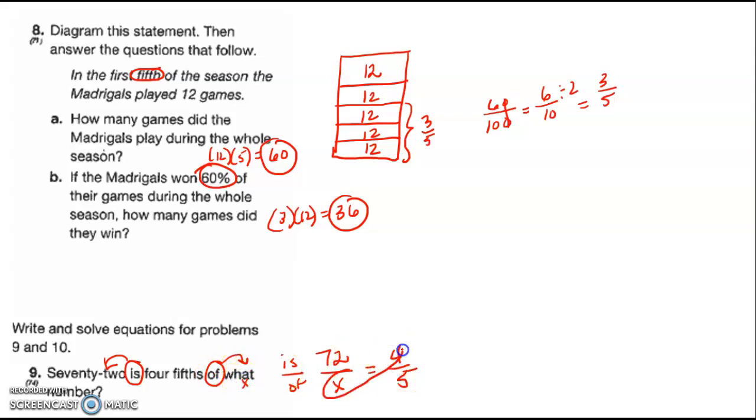You cross multiply. So I have 4x is equal to 5 times 72. 4x is equal to 360, divided by 4. X is equal to 90.